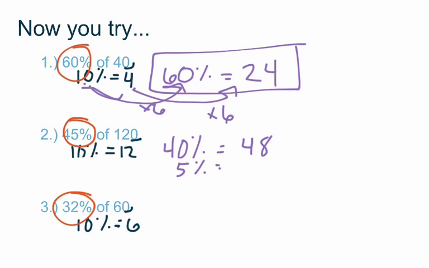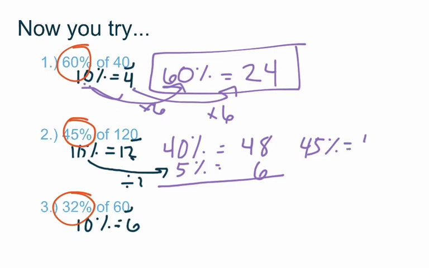Well, I can get to 5% from 10% by dividing by 2. So 12 divided by 2 is 6. Now if I add these together, 40% plus 5% gives me 45%. And 48 plus 6 gives me 54. 45% of 120 is 54.